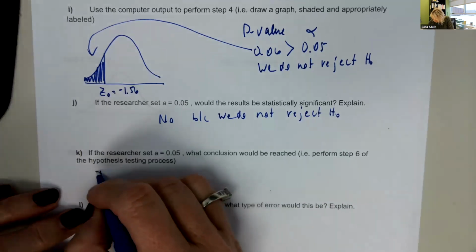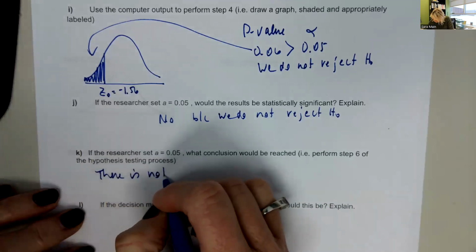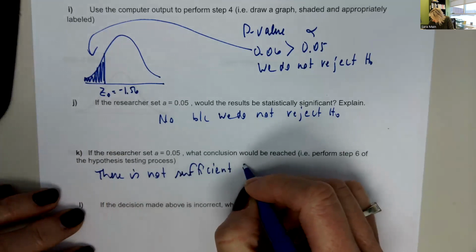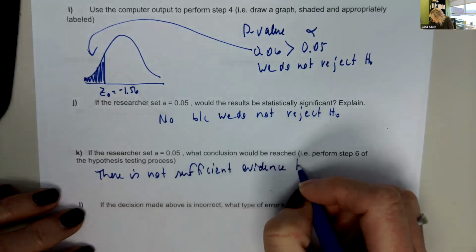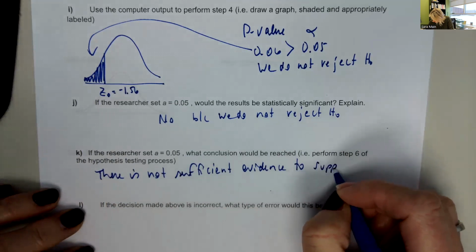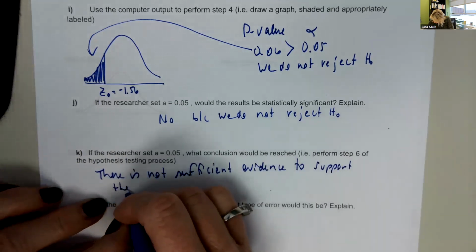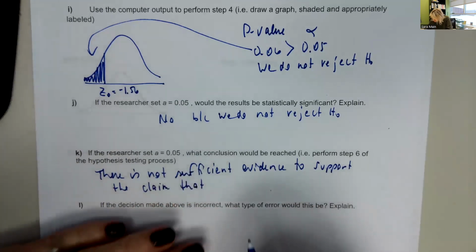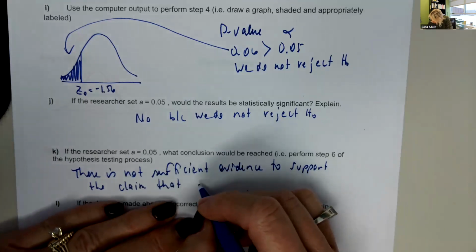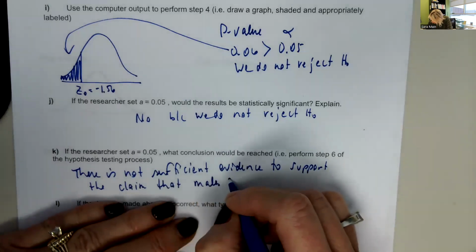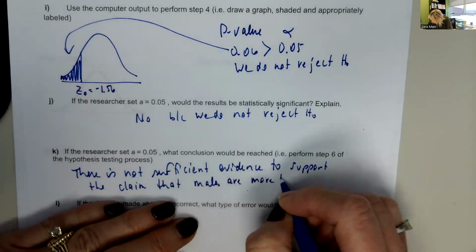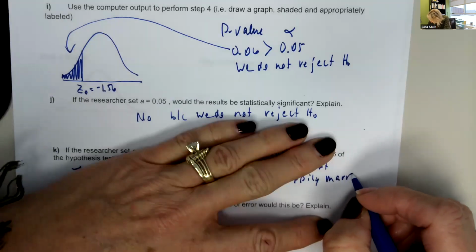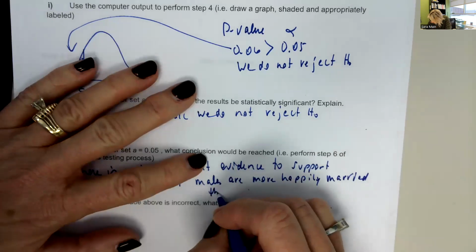And that would be there is not sufficient evidence to support the claim that males are more happily married than females.